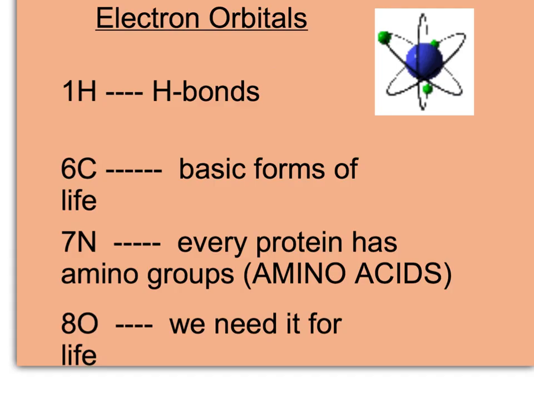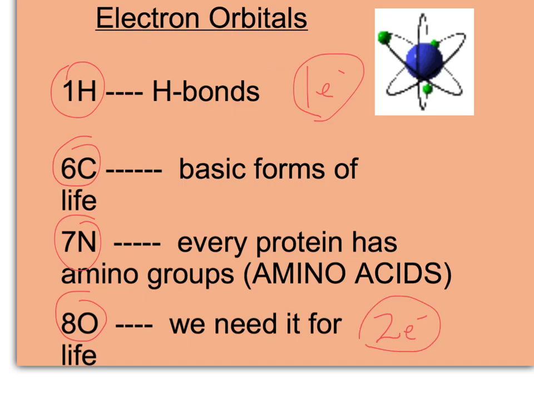So if you understand how many electrons you need to fill each of the 4 main elements of life, hydrogen, carbon, nitrogen, and oxygen, what you see is that you need 1 electron to fill hydrogen. You need 2 electrons to fill oxygen.